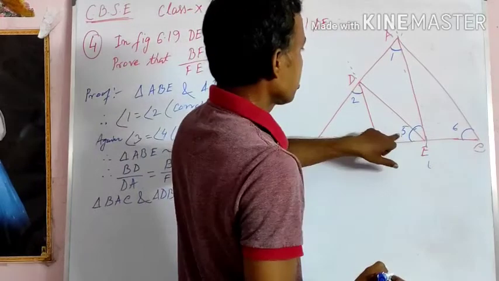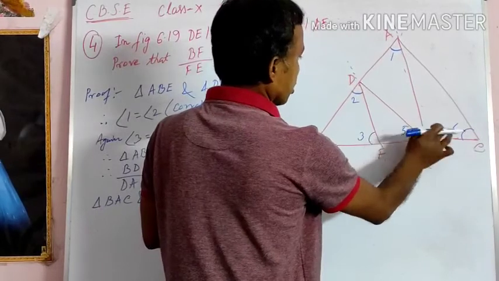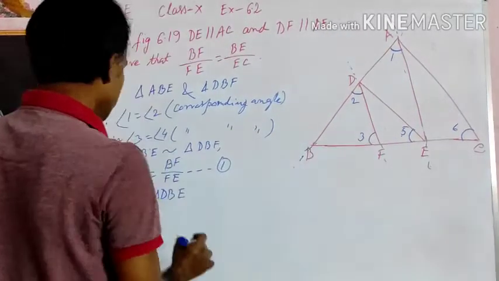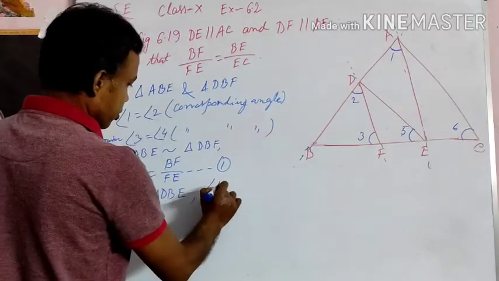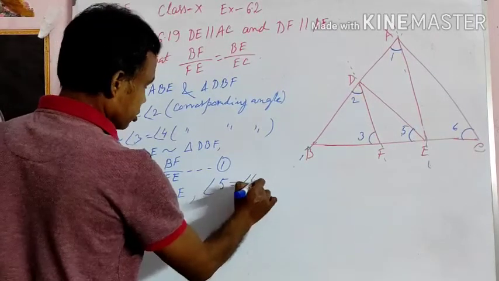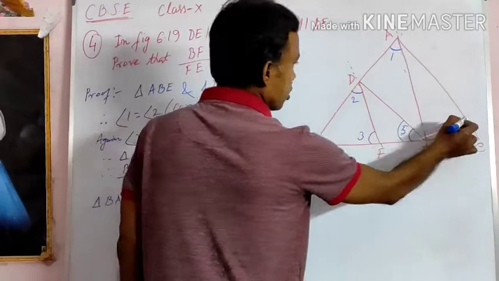Angle 5 is equal to angle 6 because they are corresponding angles.